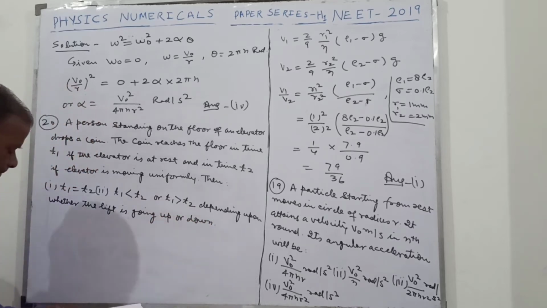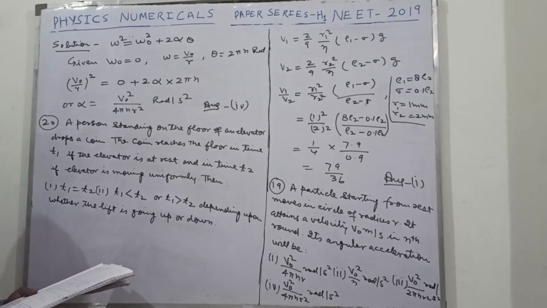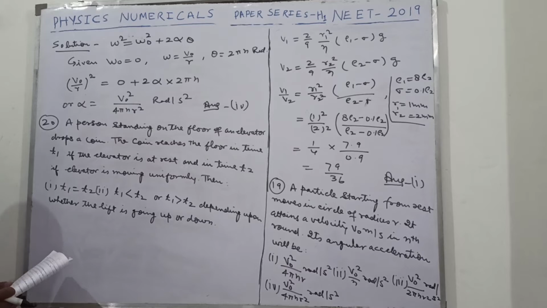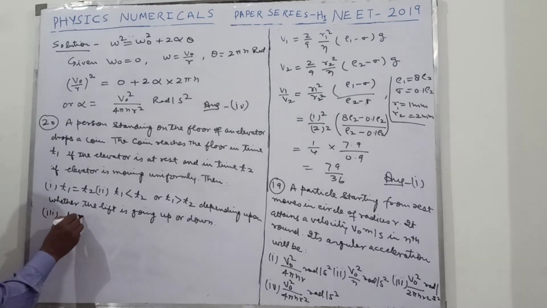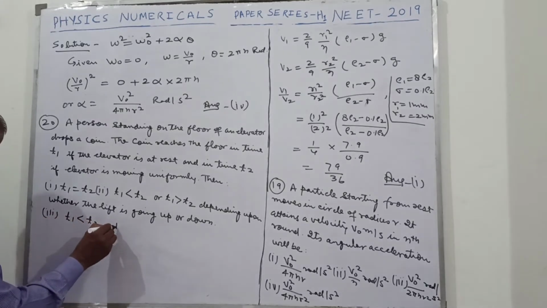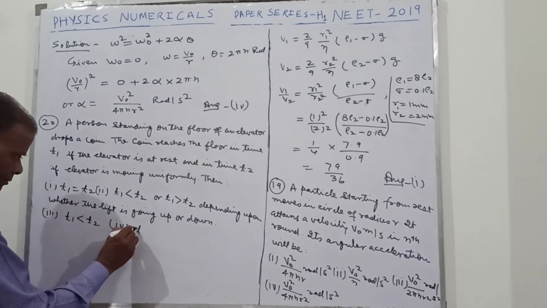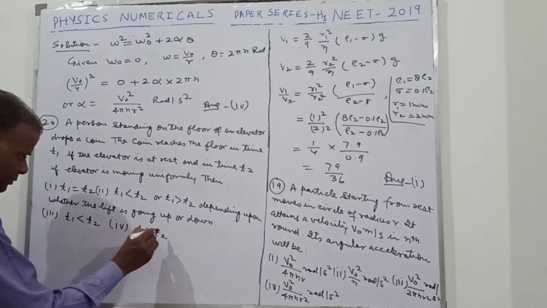Third option is that T1 is less than T2, and fourth is T1 greater than T2.